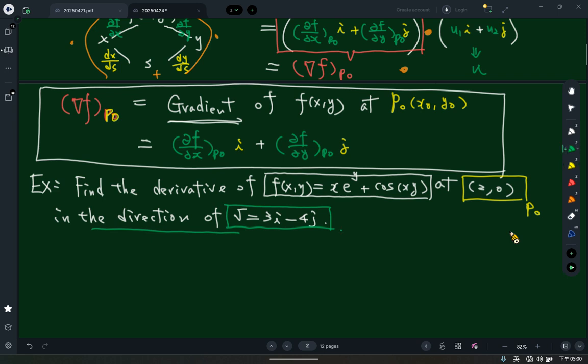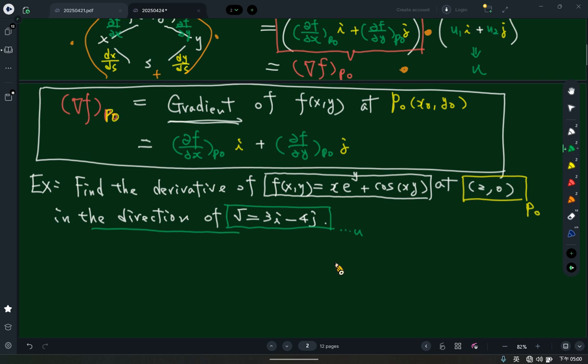This is something about u, right? But actually this is not u. Why is this not u? Because when we use the expression, it should be a unit vector, right? But right now, v is equal to 3i minus 4j is still not a unit vector. So we need to normalize it. Then this is the surface, right?